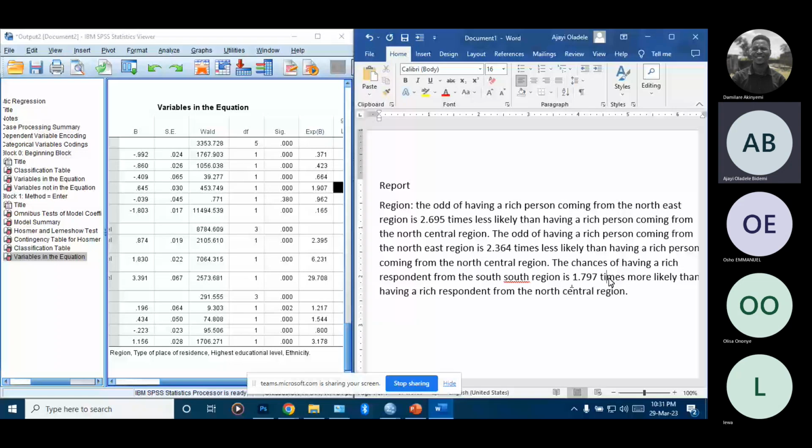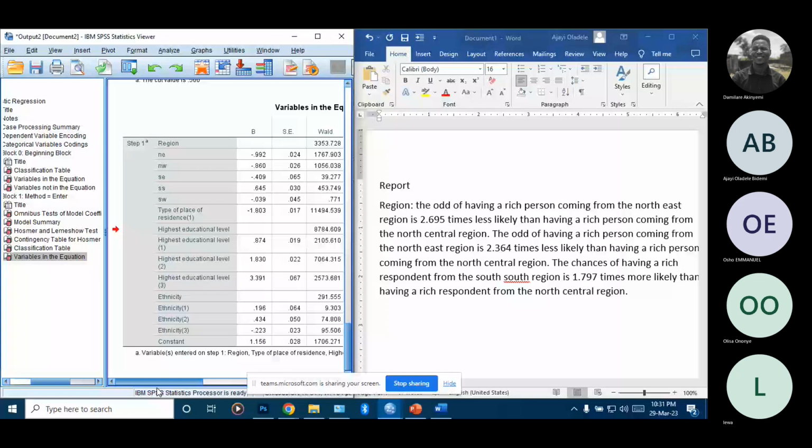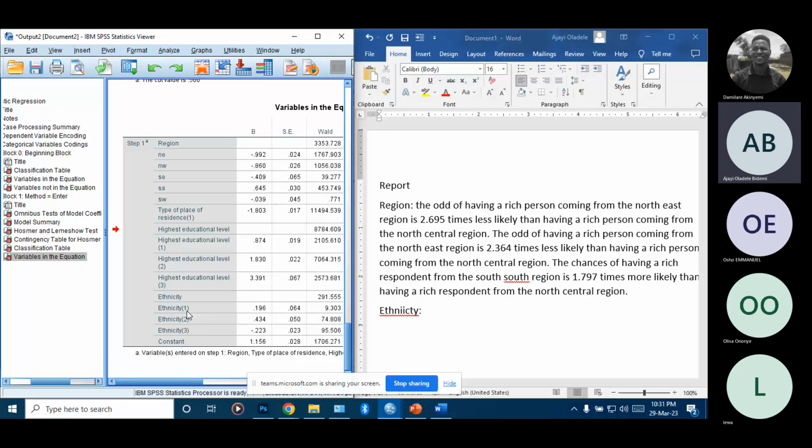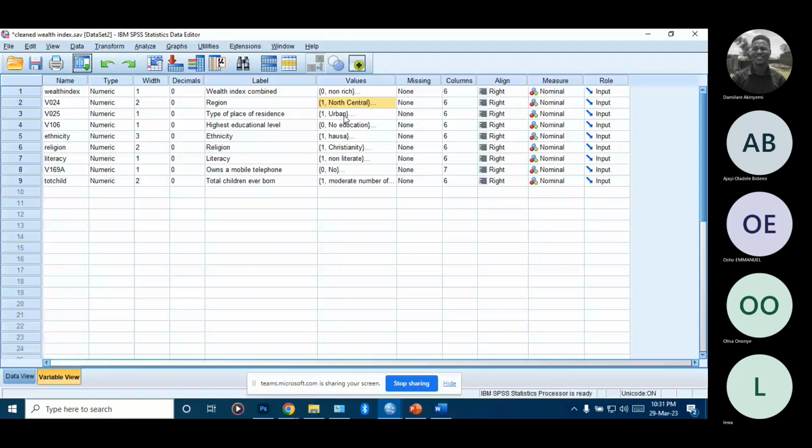Okay, so let's look at ethnicity. For ethnicity one, let's get it right. Let's go back to our data. Which one is the ethnicity one?